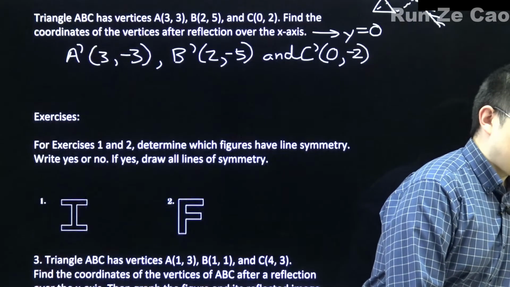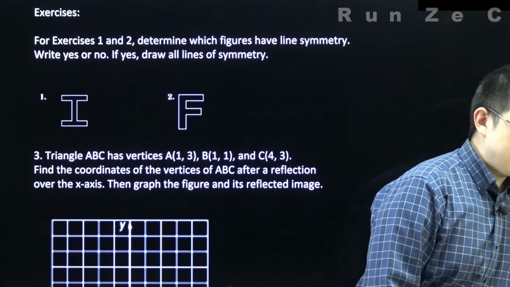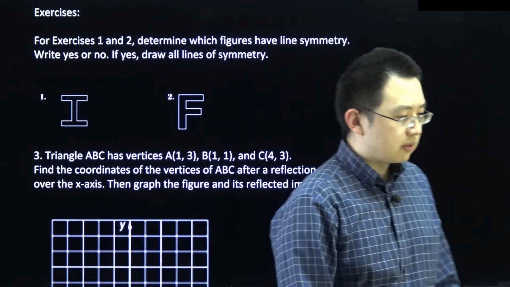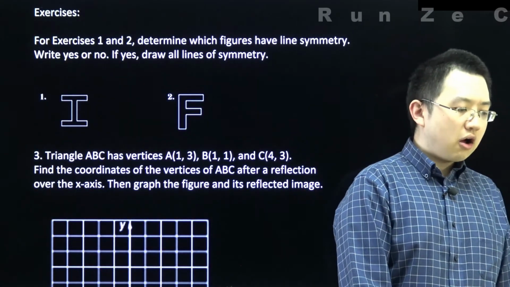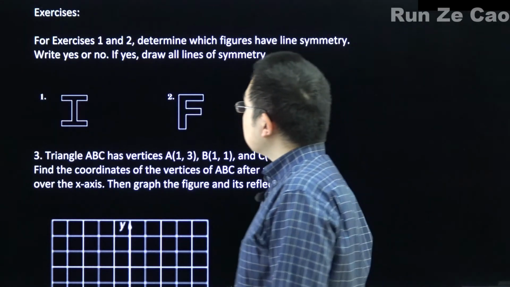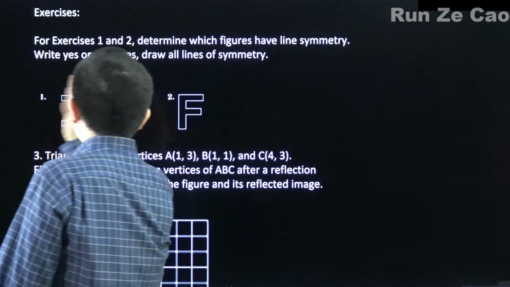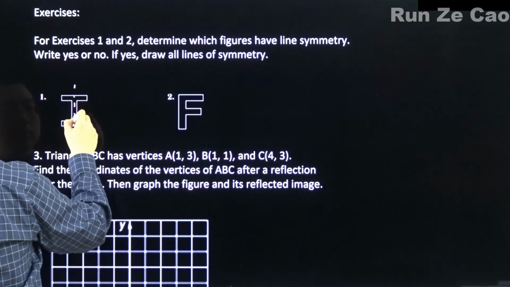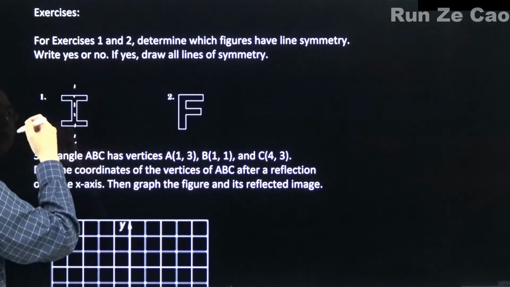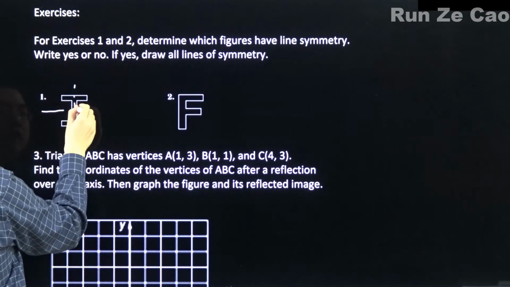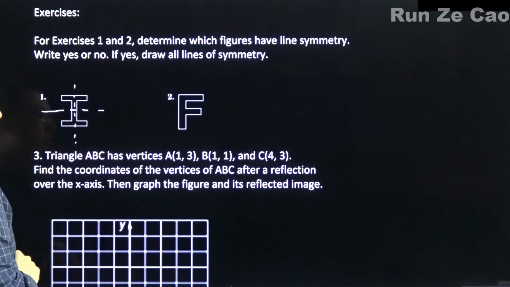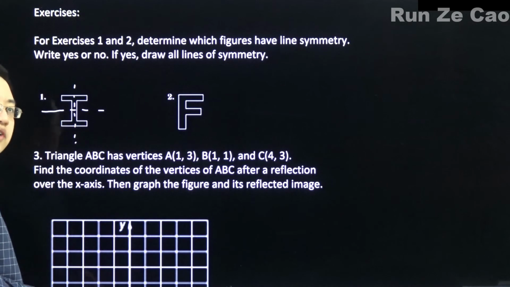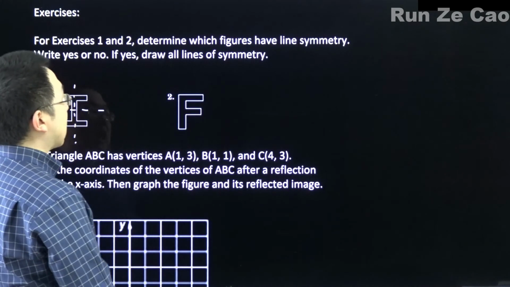All right, exercises. For these, determine which figures have line symmetry. Write yes or no. If yes, draw all lines of symmetry. So this I here, we see that the two sides are the same. But we see that the top and bottom are also the same. Like they are symmetrical. Just flipped over. So reflected across the line of symmetry.